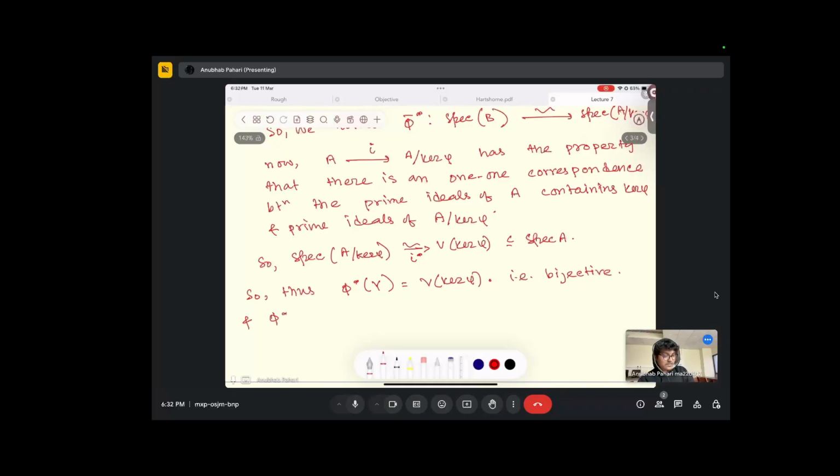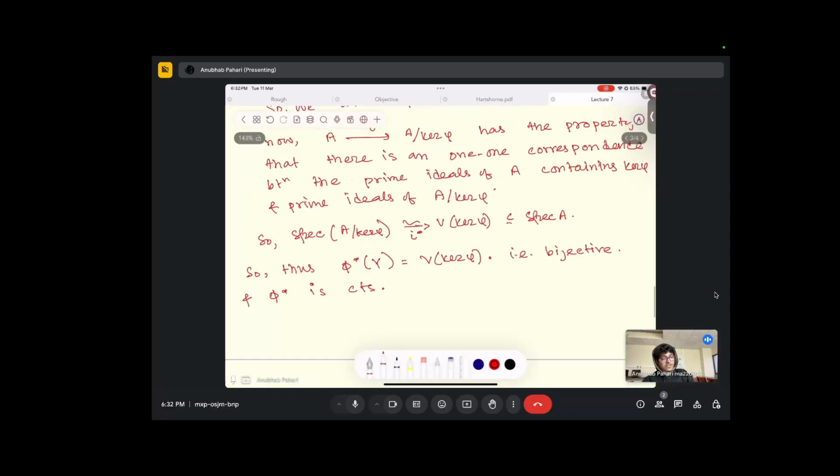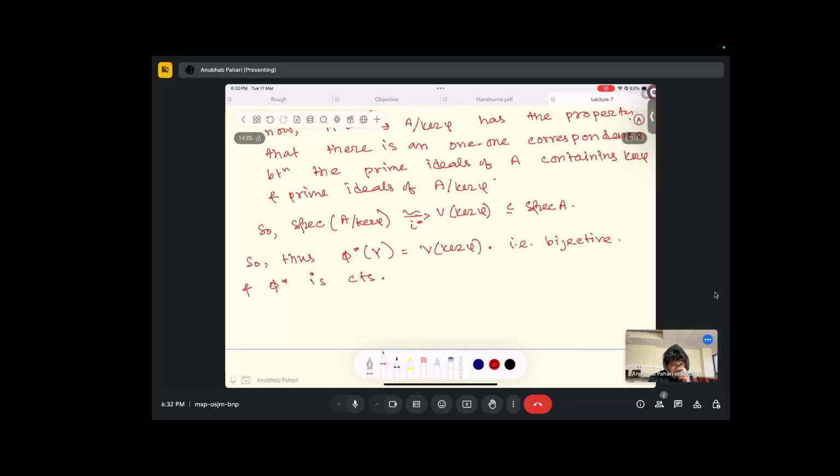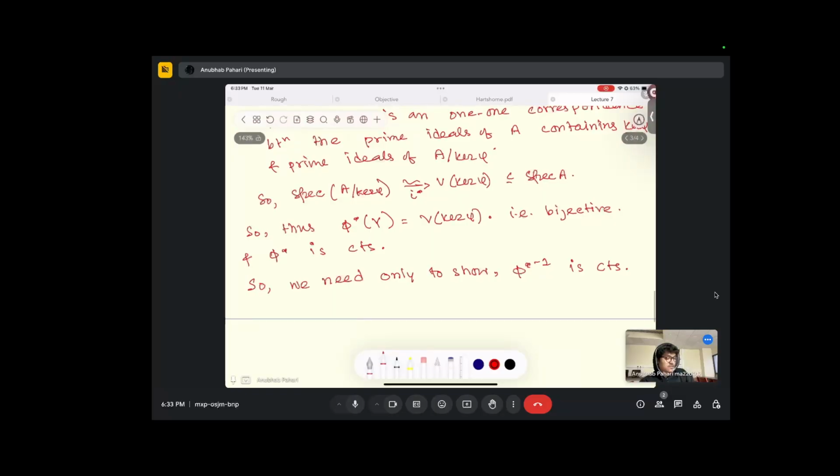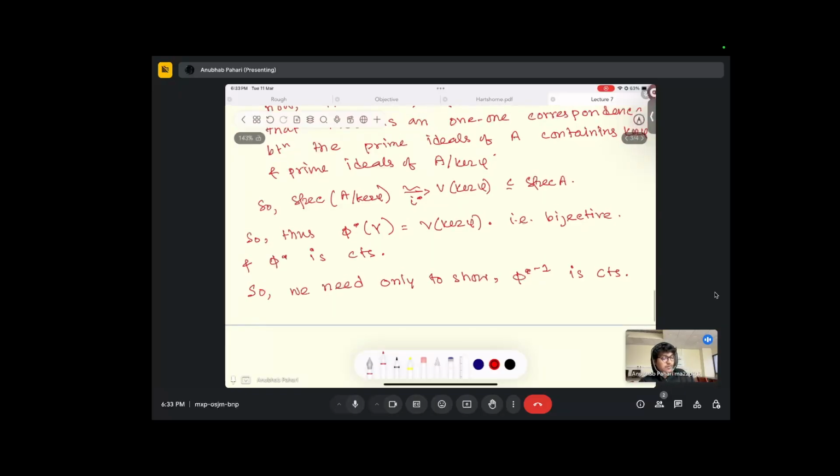We know that phi star is continuous from the proposition A. So all we need to show is that phi star inverse is continuous, right? That is the definition of homeomorphism, right?